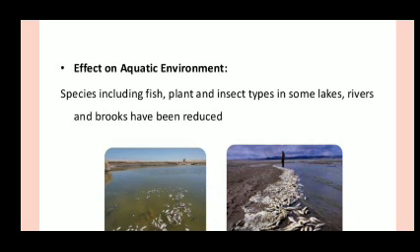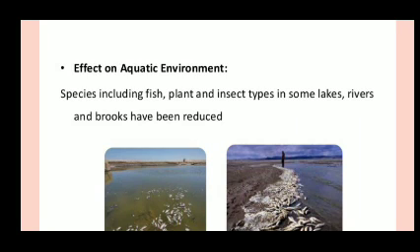Effects on animals. Acid rain decreases nutrients in water and decreases pH value. Most animals cannot survive when the pH is less than 4. Fishes like salmon die if pH is less than 5.5.